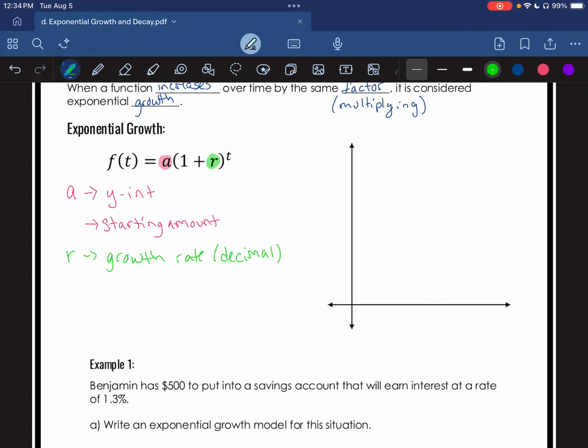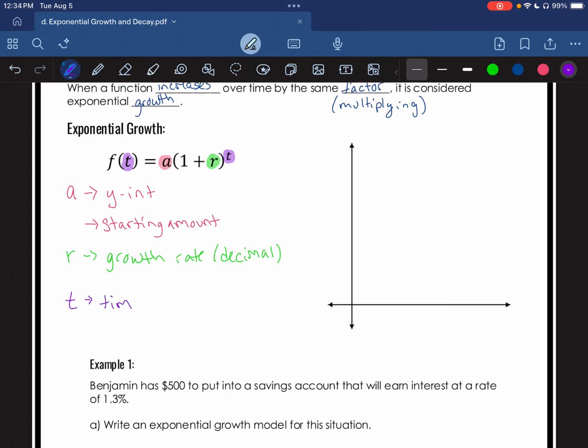So usually this is like 10%, 5%, 8%, something like that. Last but not least, here we have t. Notice, right, f of t, that means that we're dealing with functions of time. We're plugging in time and popping out whatever the amount is that is growing. And so t here stands for time.